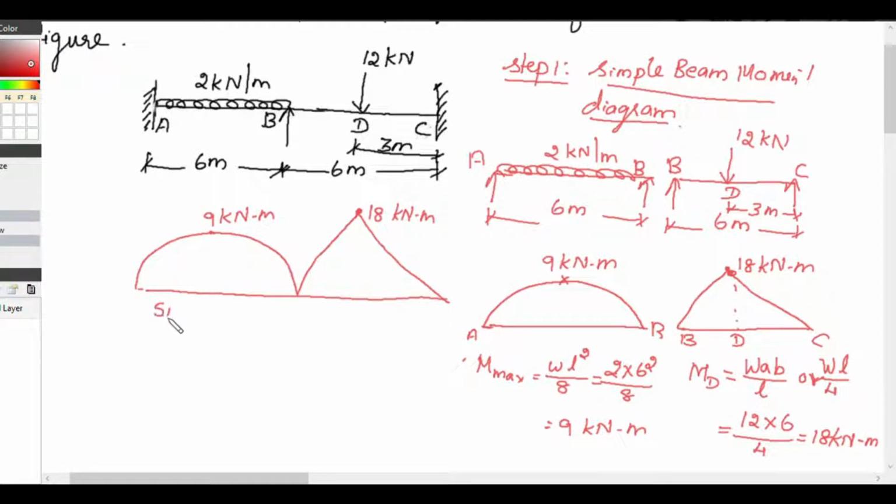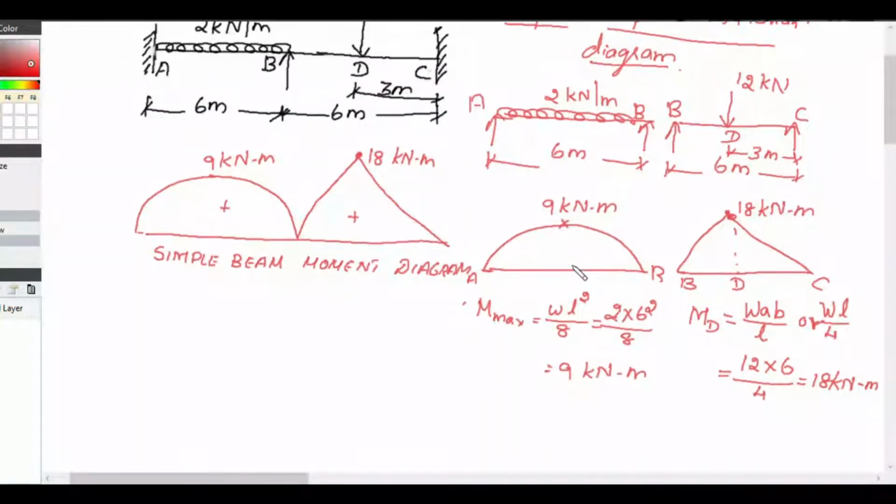This is called simple beam moment diagram. And this diagram is always positive. That means it is sagging; the bending moment, the deflection is sagging. Therefore, we have sagging bending moment, right?